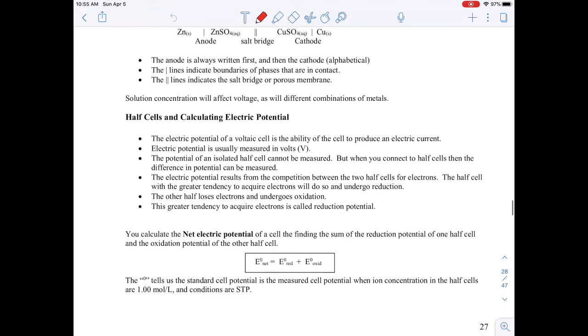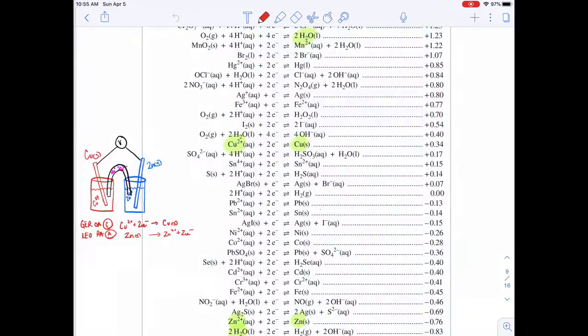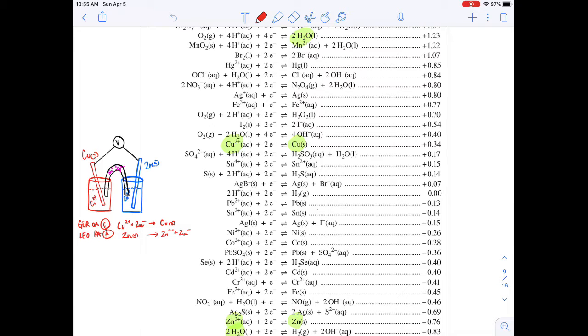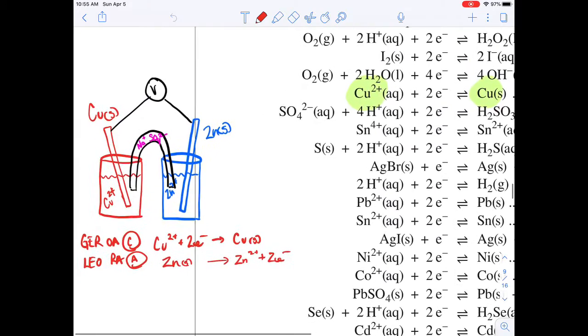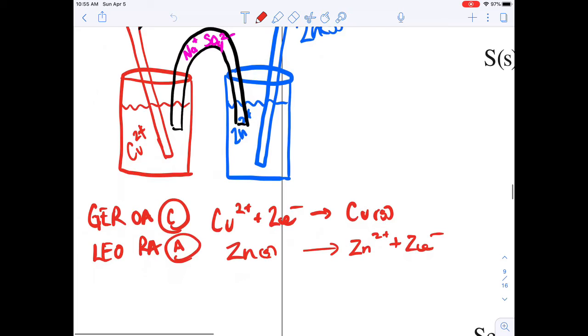So we've looked at the cells, and whenever we're looking at these cells, we've got to look at what the reactants possibly are and the products. In the cell that we've got here, we've got a copper electrode in copper 2 sulfate solution. So this solution down here is going to have some sulfates in it as well.